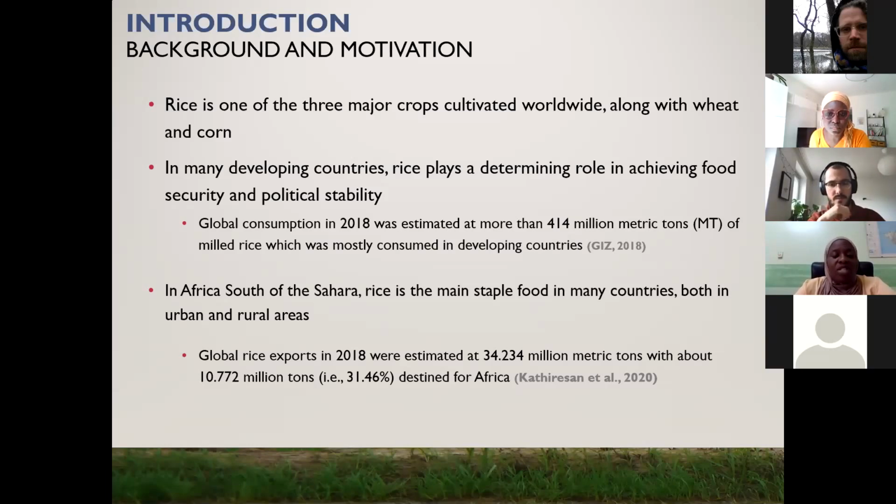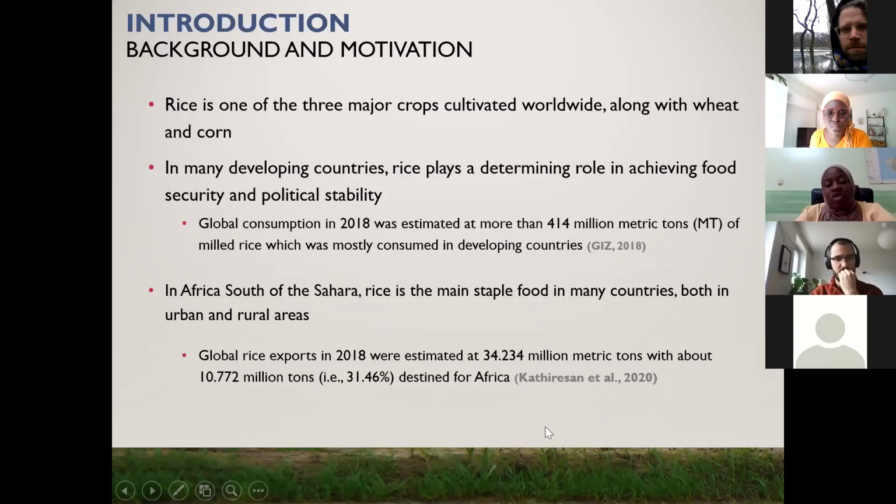Global consumption in 2018 was estimated at more than 400 million metric tons of milled rice, mostly consumed in developing countries. In Africa, south of the Sahara, rice is also the main staple food in many countries, like Senegal, Nigeria, and Ivory Coast, where rice is the major consumed cereal. And of global exports in 2018, 46% were devoted to Africa.